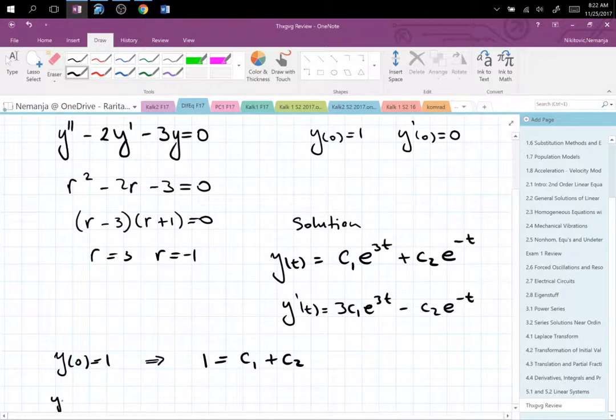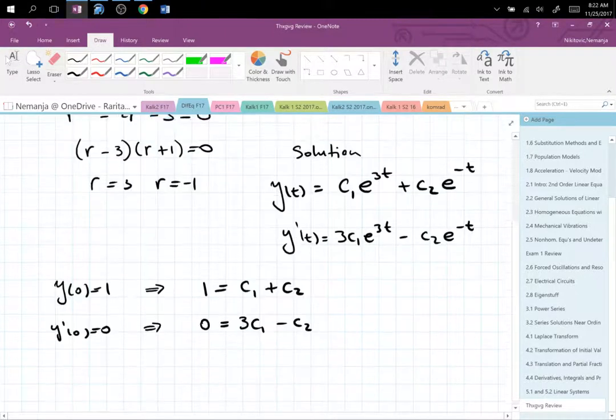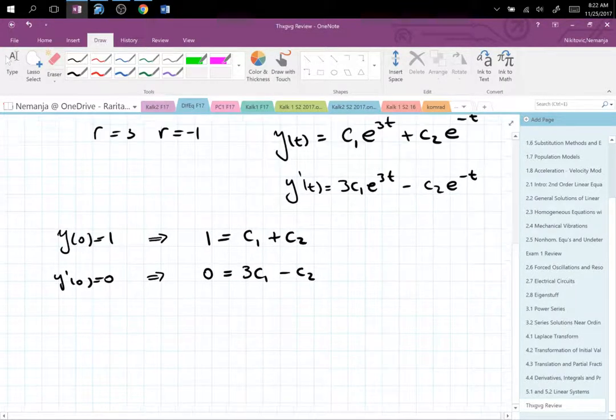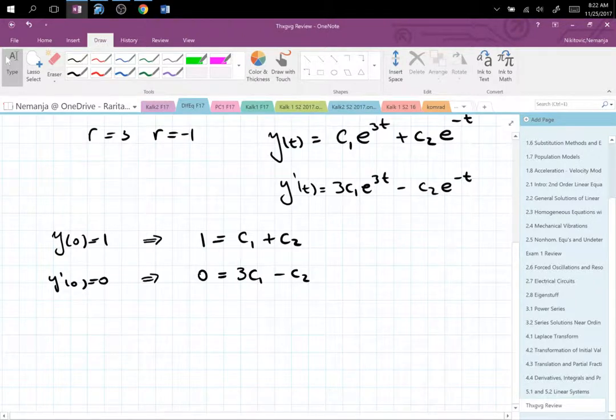And when I use the second initial condition, y prime of 0 equals 0, I get 0 equals 3c1 minus c2. I plug the first initial condition into the first equation, and the second initial condition into the derivative equation, and I obtain the system.